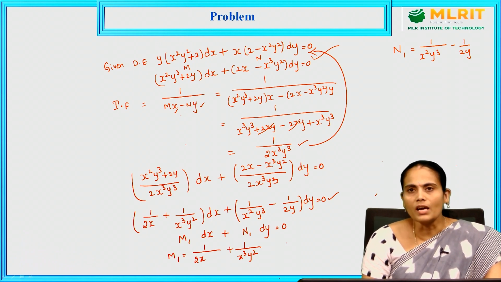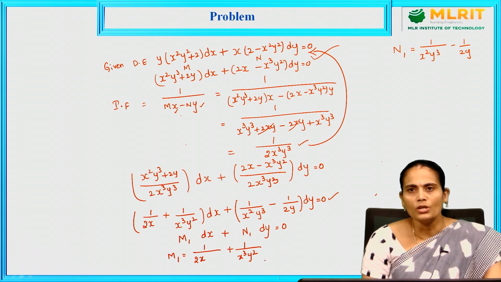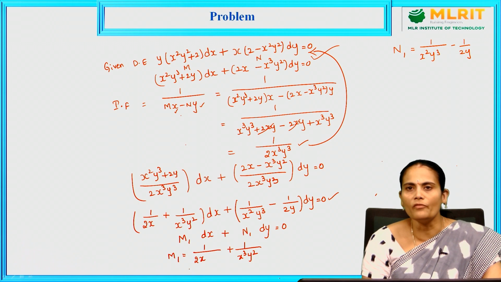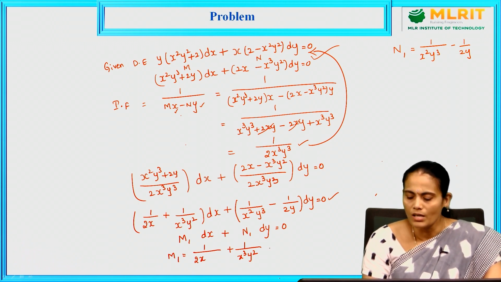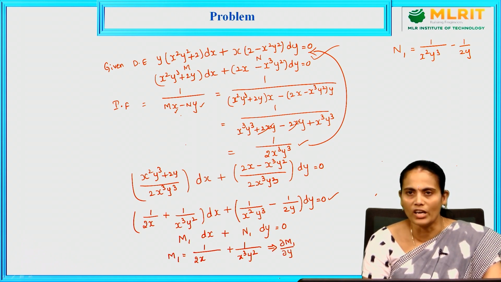So what is the condition for the exactness? dou M by dou y is equal to dou N by dou x. So for this equation, to verify the exactness, the condition is dou M1 by dou y is equal to dou N1 by dou x. Now we will see the derivative with respect to y on M1.